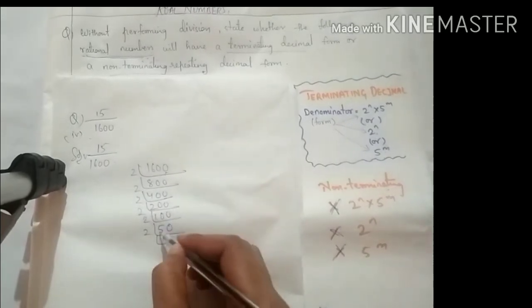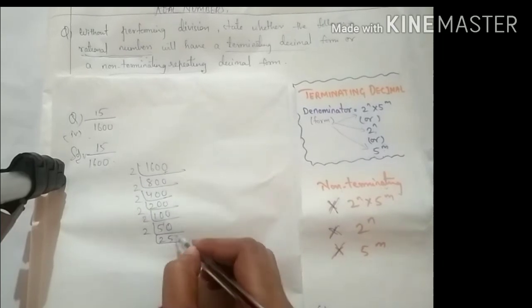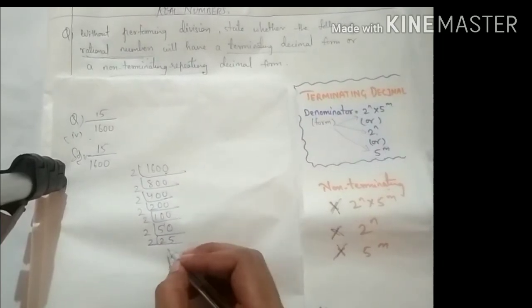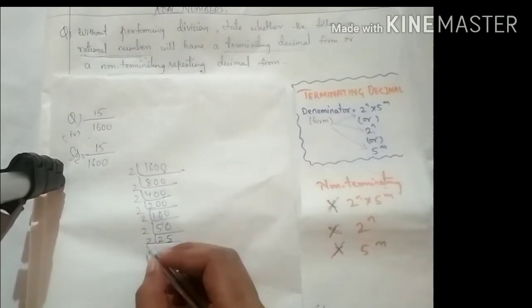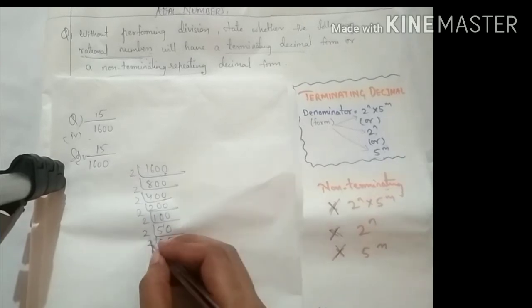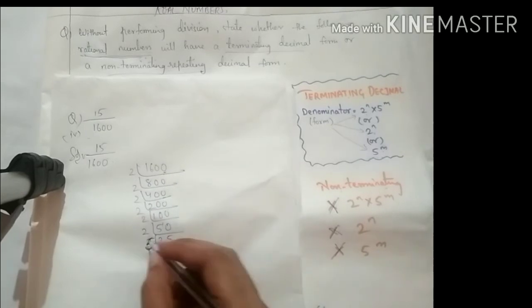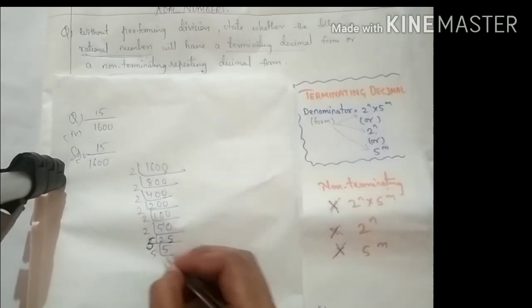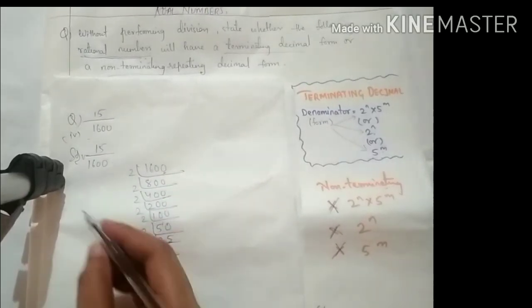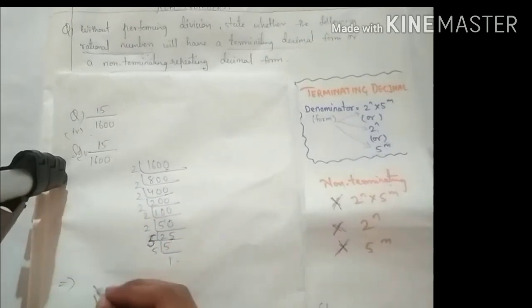Then again it is divisible by 2. 2 2s are 4, 1, 2 5s are... then no, we can't take 2. Here we got 5, so we can take 5 as a factor. 5 5s are 25. Now again 5 1s are 5. So these many factors we got.